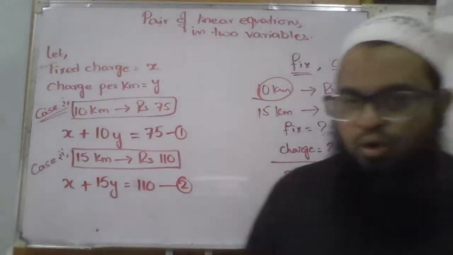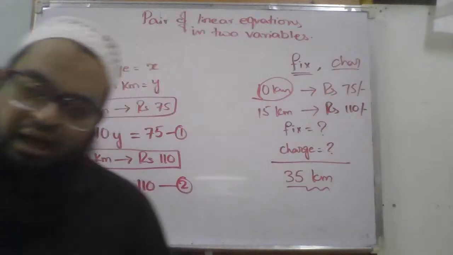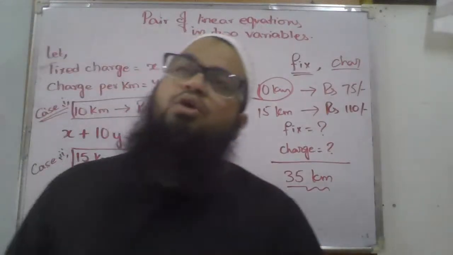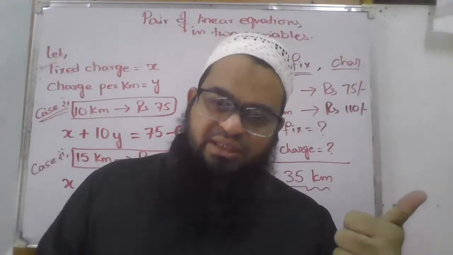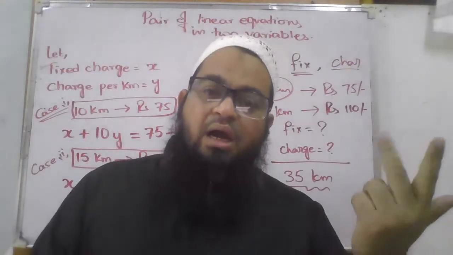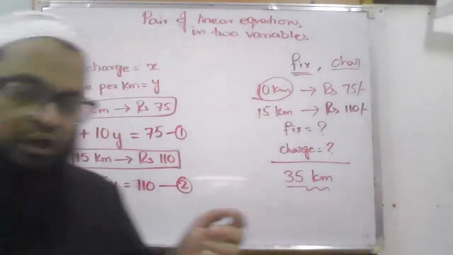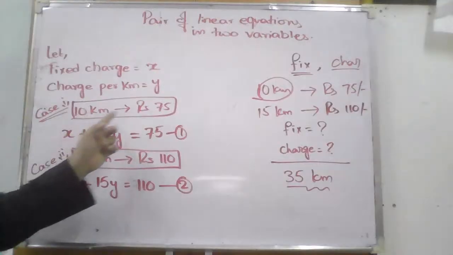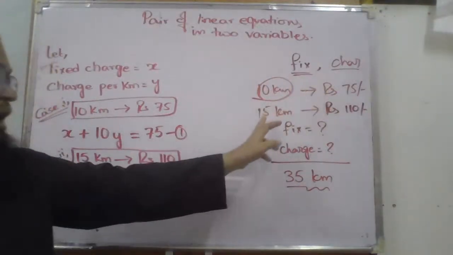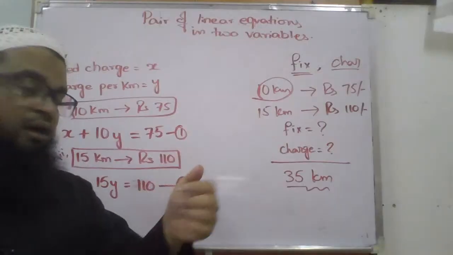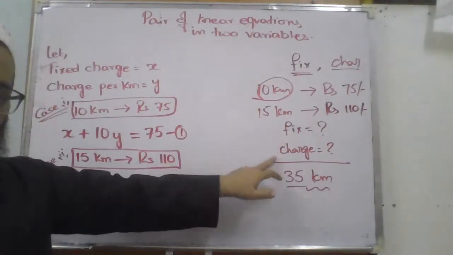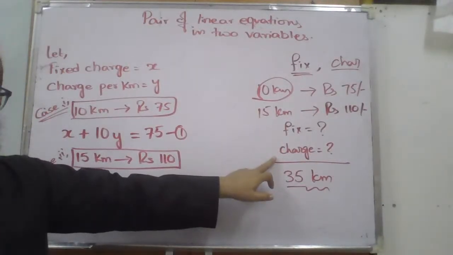I told you before, whenever you do word problems, three things are very important: what is given, what to find, and what will be the concept. What is given? 10 kilometers is 75 and 15 kilometers is 110. And what to find? You have to find the fixed charge and the charge per kilometer.